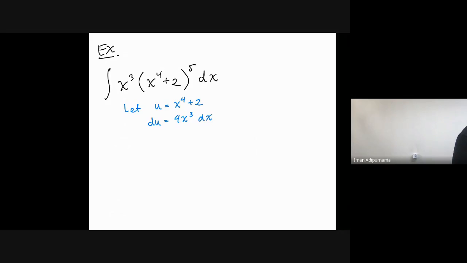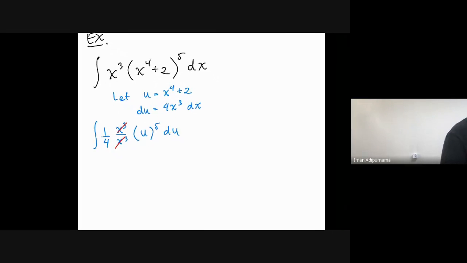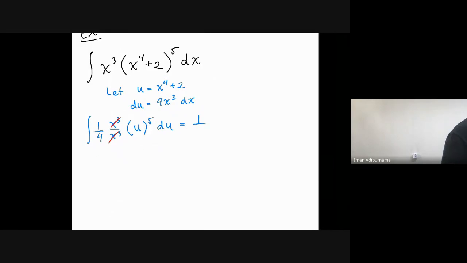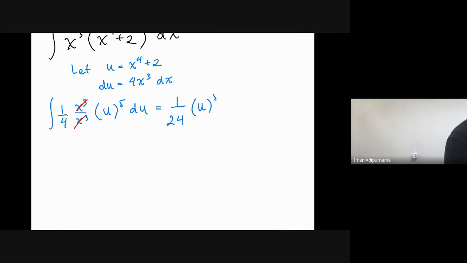So your integration will be 1 over 4, and this x cubed is canceling. Then you have u to the 5 du, right? And it will be 1 over 5 plus 1, which is 6, so 1 over 6, and 6 times 4 becomes 24.